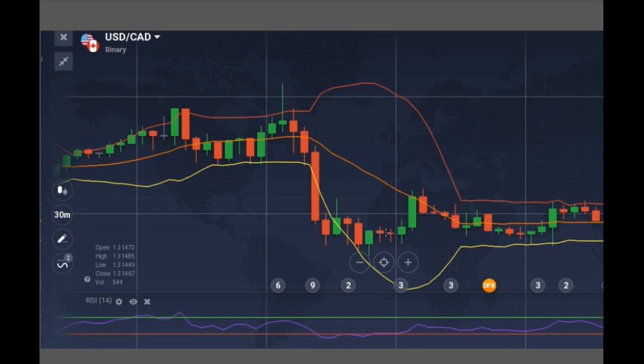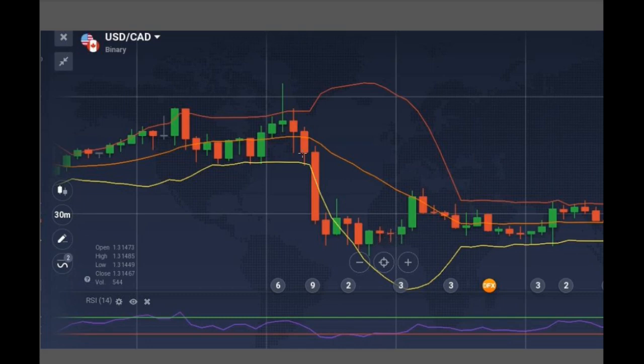That's a 30-minute trade, and in the next 30 minutes you are going to get a win, because you know that the price can never penetrate this level again. So you can see it's a clear win.